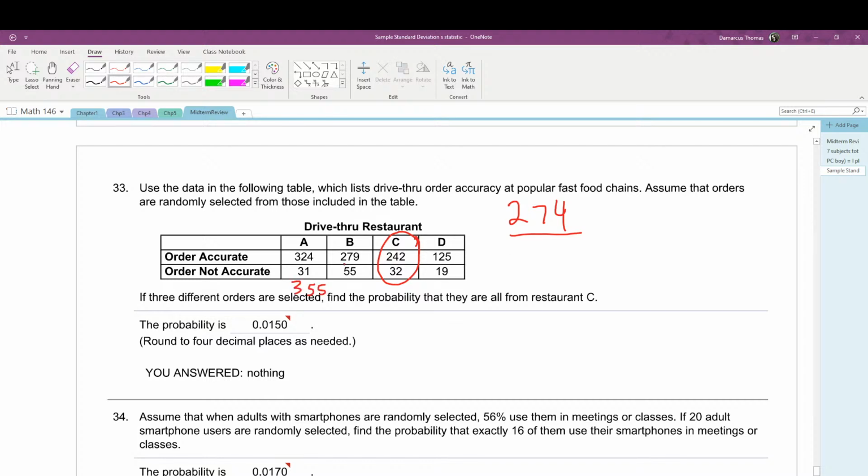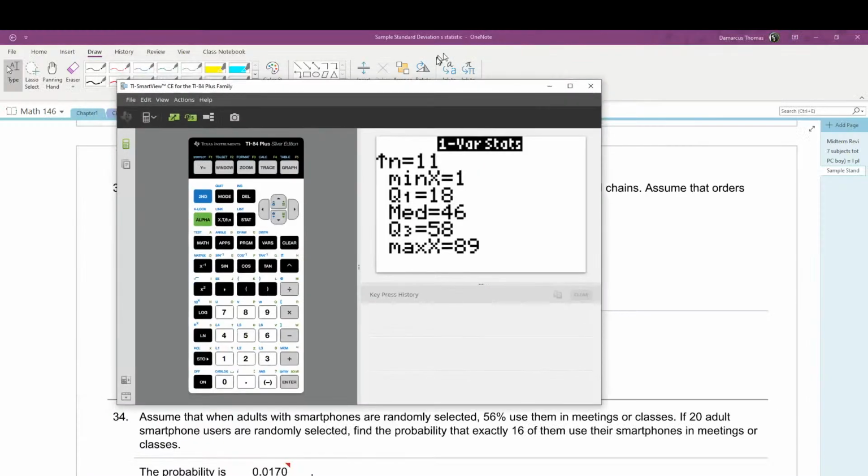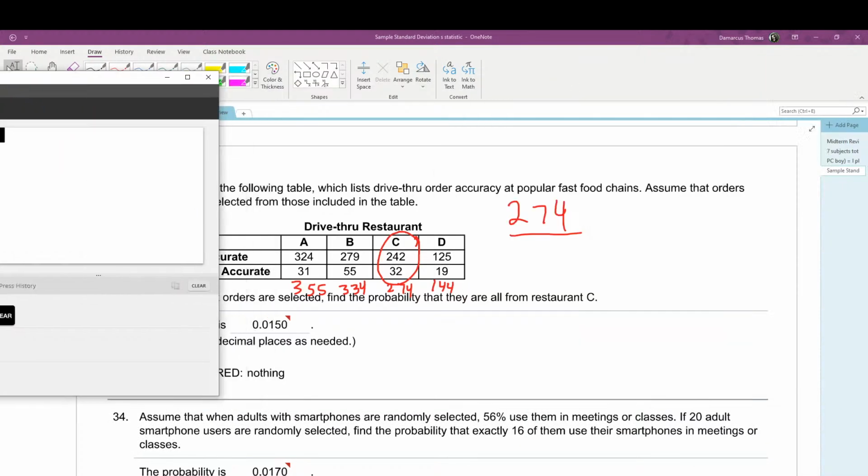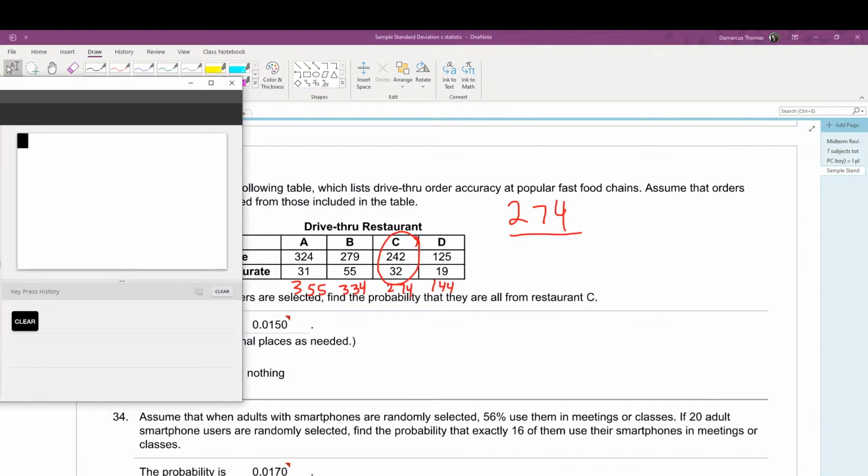355, 334, 274, and then 144. So what I'll do is add them all up in my calculator. 355, let's make sure that's right. 334, actually that's 234.